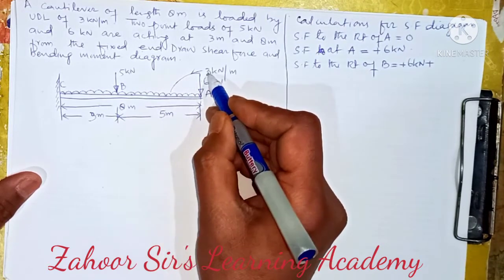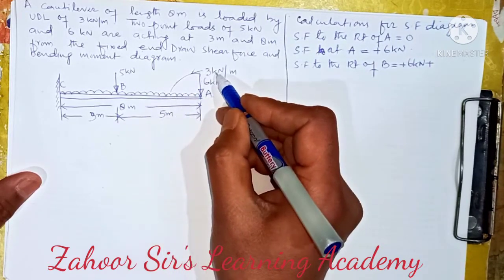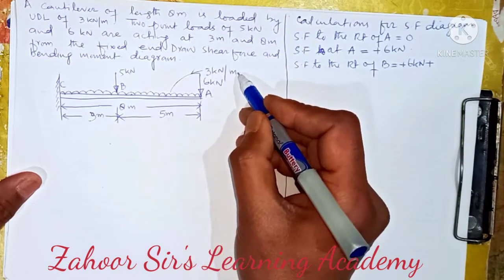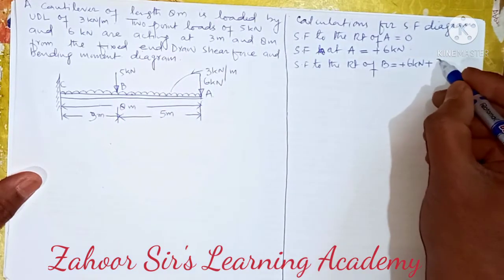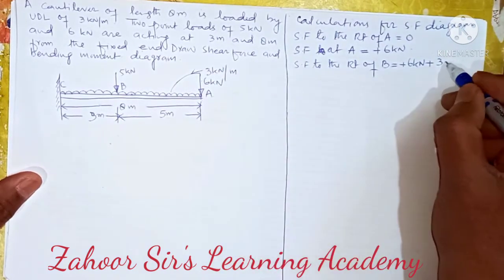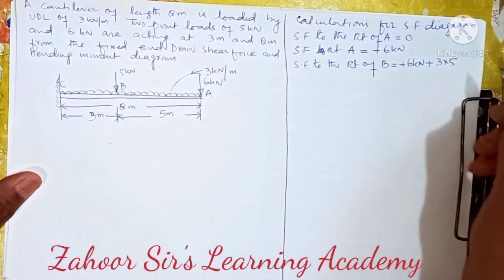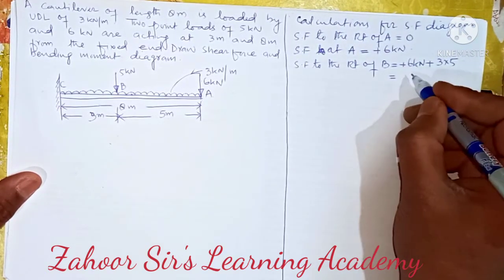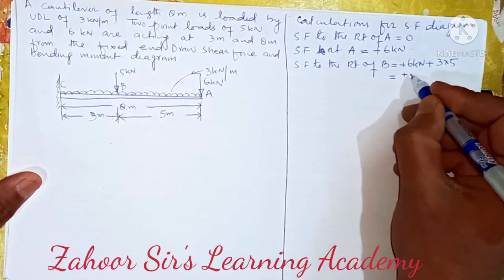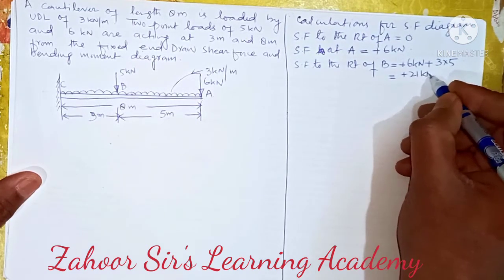So we have to convert this UDL into a load. Since it is 3 kilonewton per meter, over 5 meters it is 15 kilonewton. So the total load becomes 15 plus 6, that's 21 kilonewton.